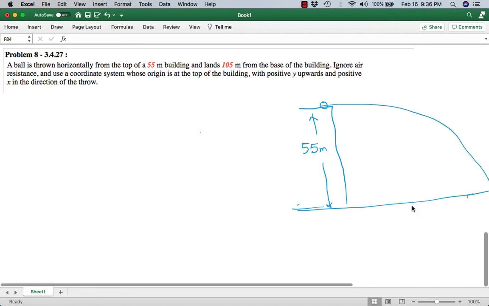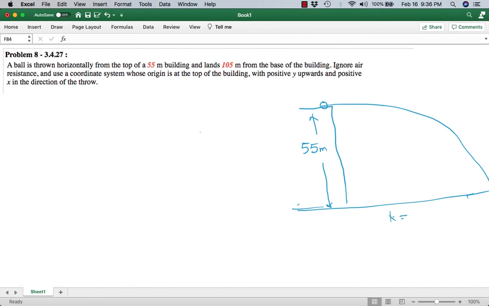So our range here is 105 meters from the base of the building. Ignore the air resistance. Use a coordinate system whose origin is at the top of the building. So we want to consider this as our origin. That's what the question is saying. So that's y-axis and that's x-axis, and this is origin.